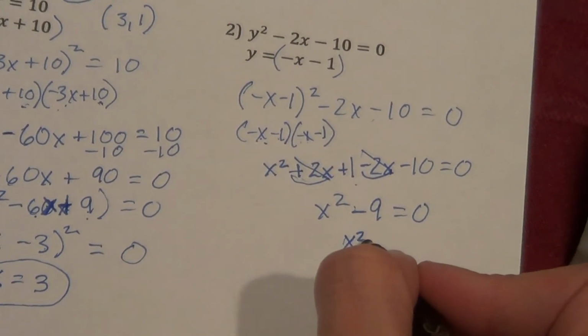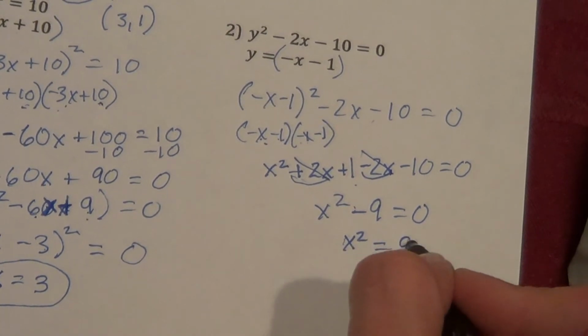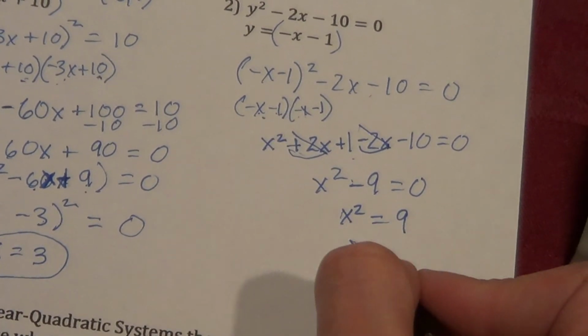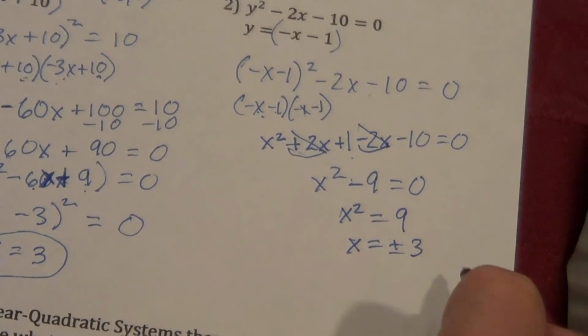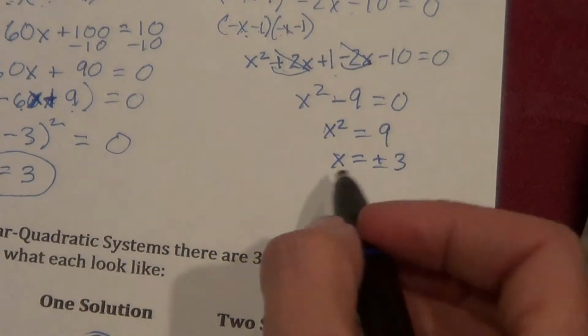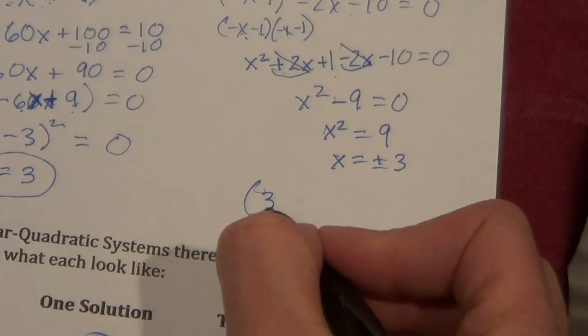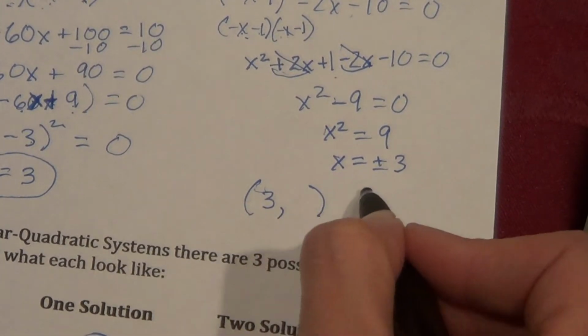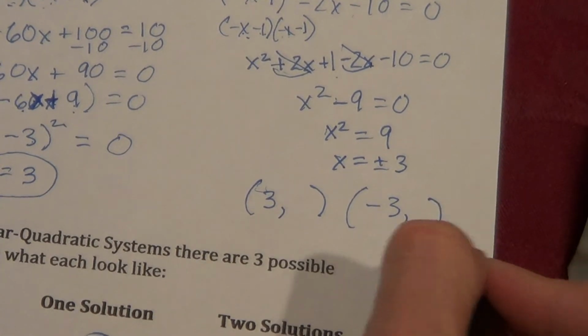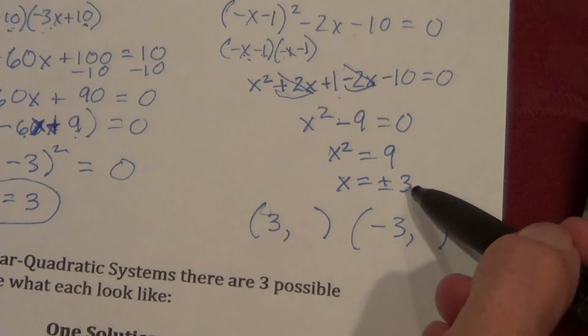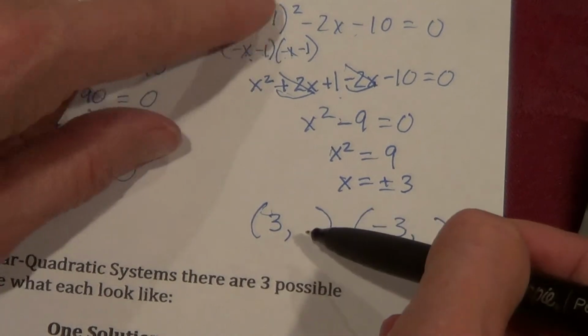To get the x squared alone, we add 9 to each side. X squared equals 9. Take the square root. X equals plus or minus 3. That means that you have got two different x values. You've got a plus 3 and you've got a minus 3. So now we have to plug this plus 3 in.